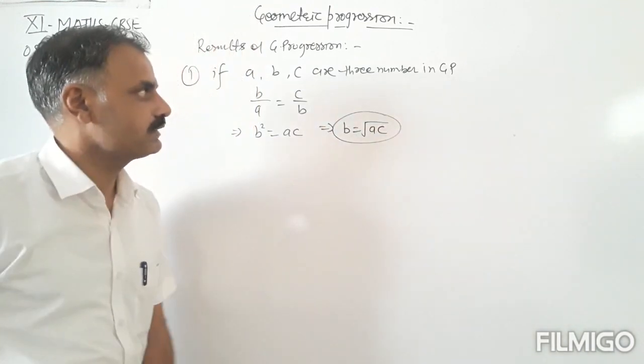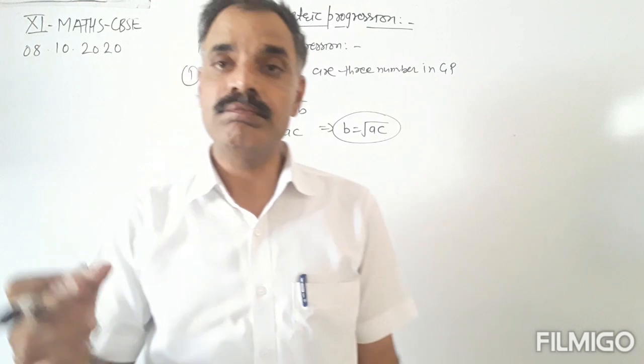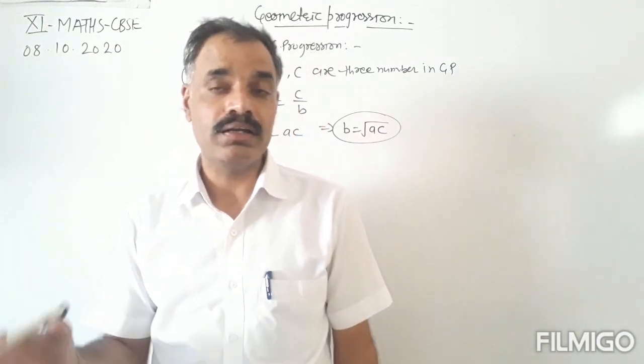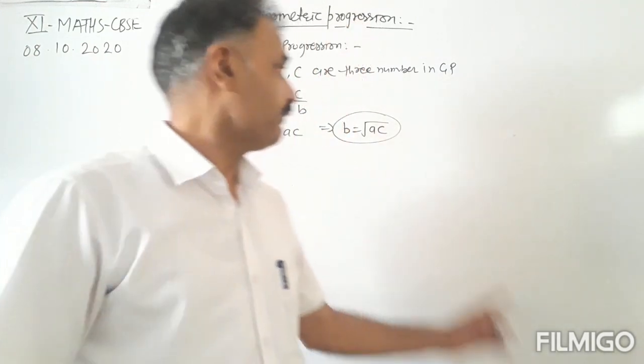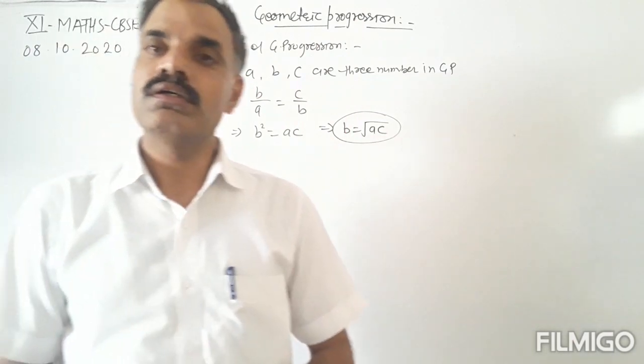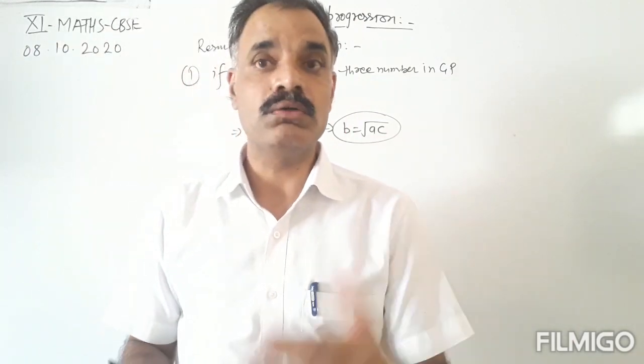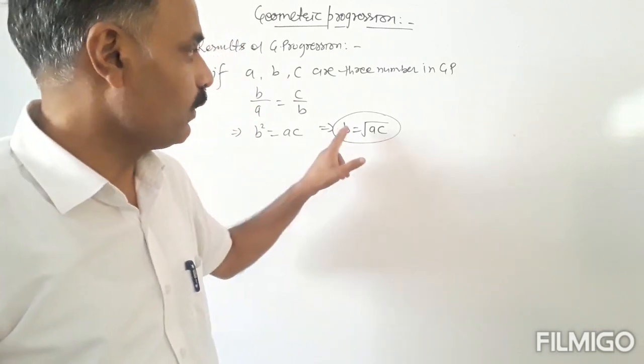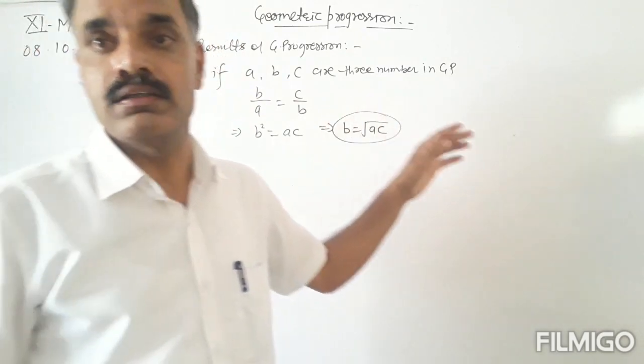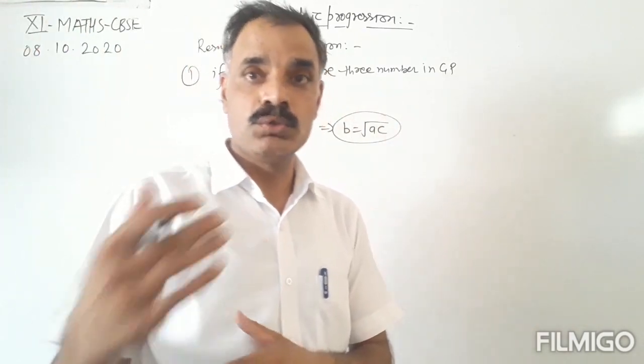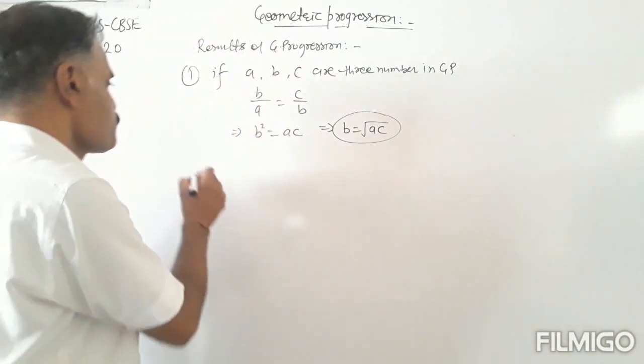So three numbers a, b and c are in geometric progression if b is equal to under root ac. This is also called the geometric mean.